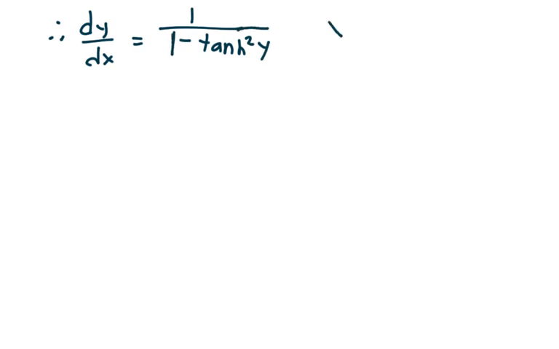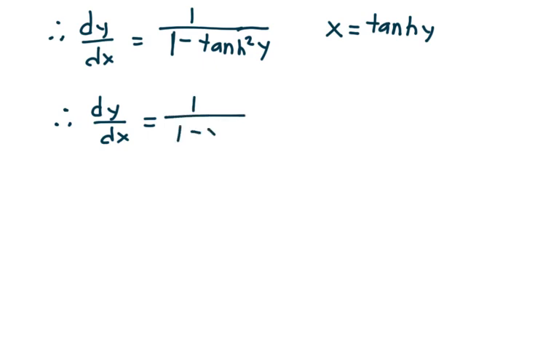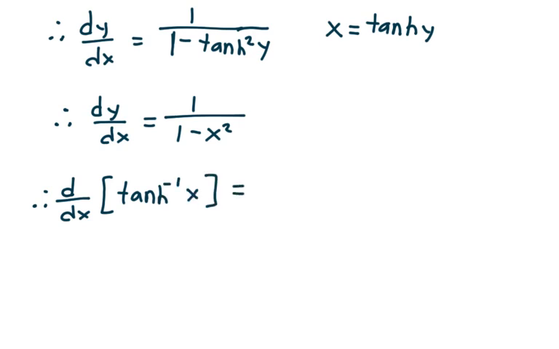But in the beginning, we set x equal to hyperbolic tangent y. And so therefore, dy dx is equal to 1 over 1 minus x squared. And so therefore, the derivative of the inverse hyperbolic tangent of x with respect to x is equal to 1 over 1 minus x squared.